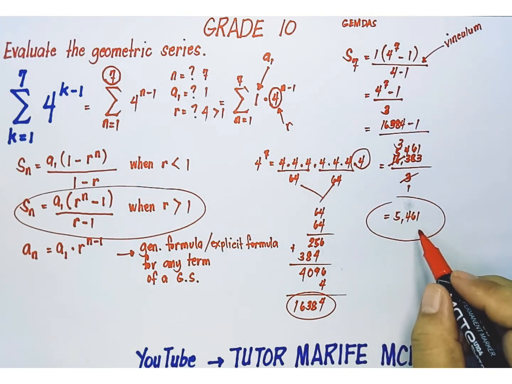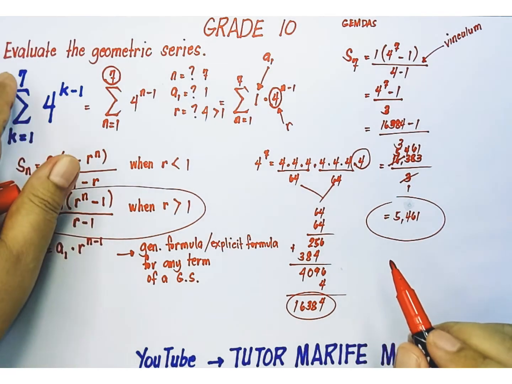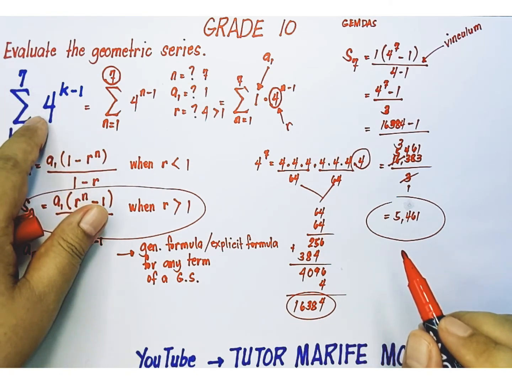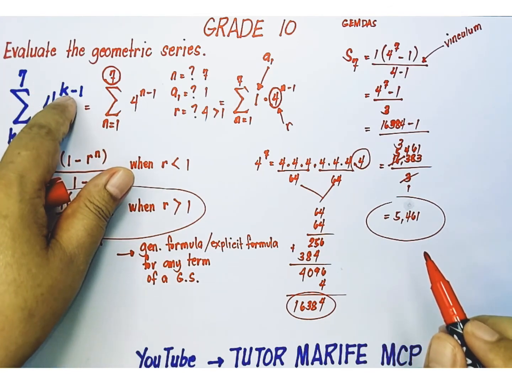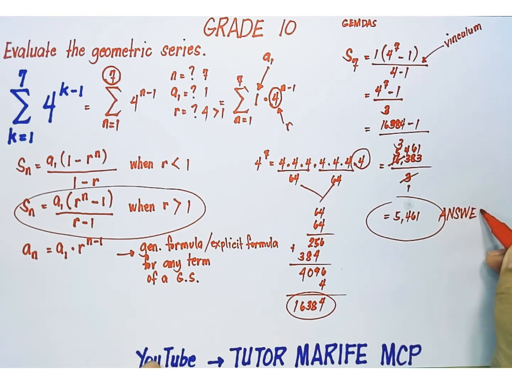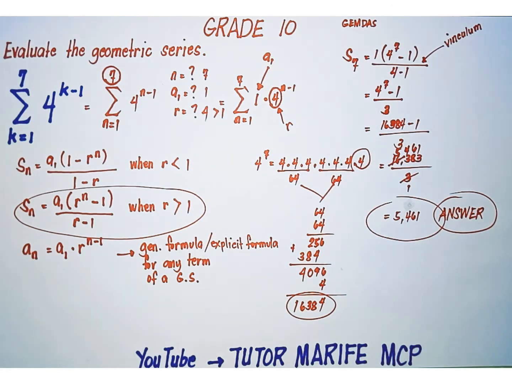This is the geometric sum from the first to 7th term of the geometric sequence with explicit formula 4 raised to k minus 1. This is the answer. Okay?